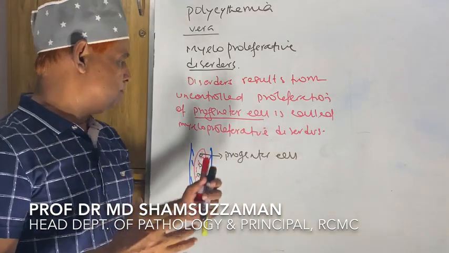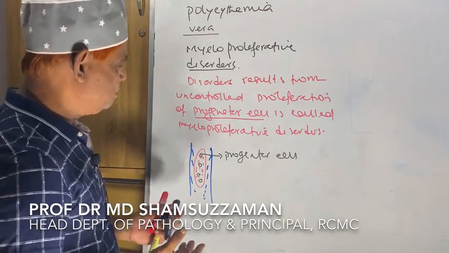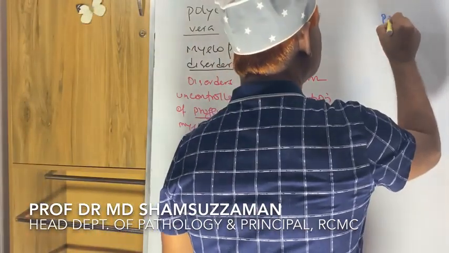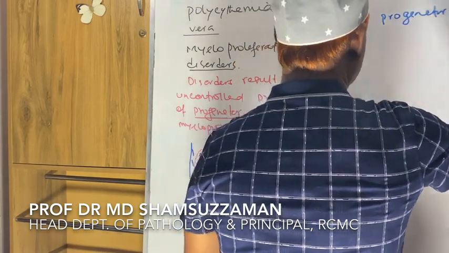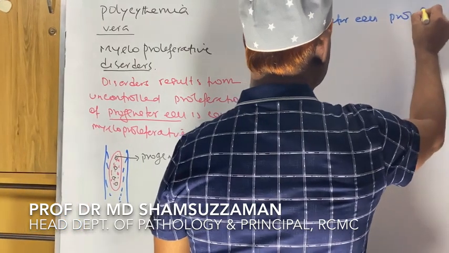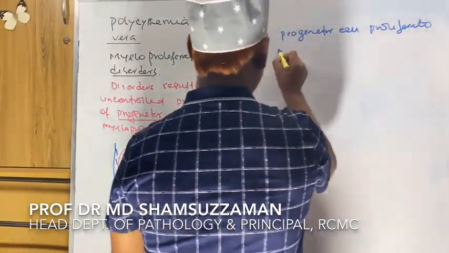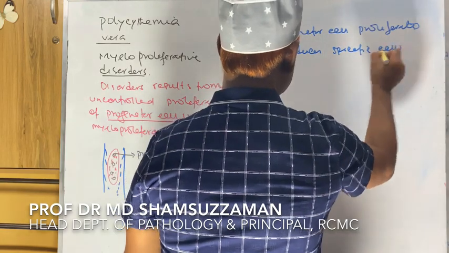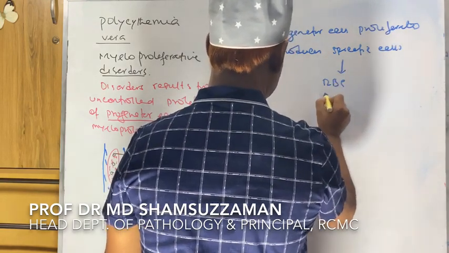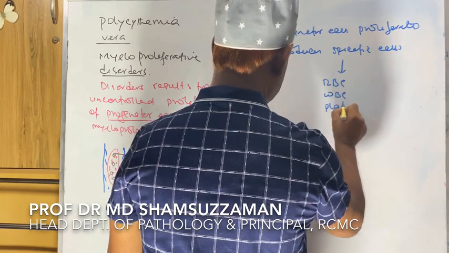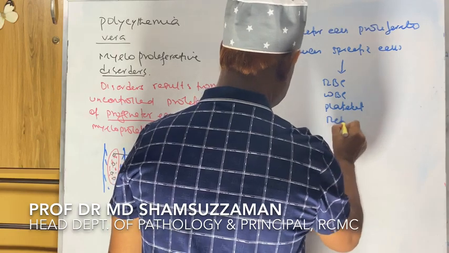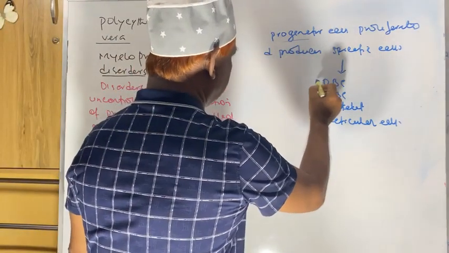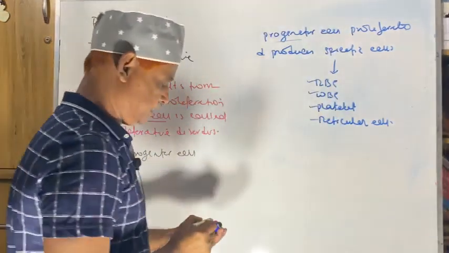The progenitor cell in the bone marrow proliferates and produces specific cells like RBC, WBC, platelet, and also reticular cell.